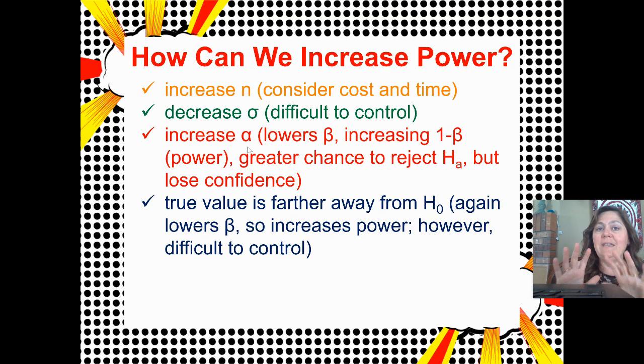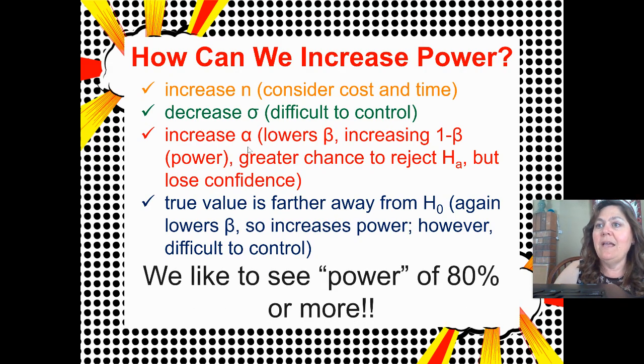So depending on the test, statisticians try to decide what is more important in that context: to have power, that we've made the right decision as far as our probability goes, or how much confidence we would have that we did make that right decision. So there's back and forth there. Okay? And we just like to see power of more than 80%.